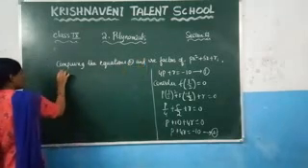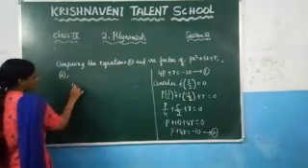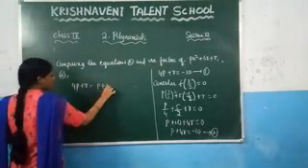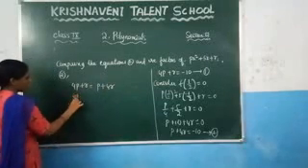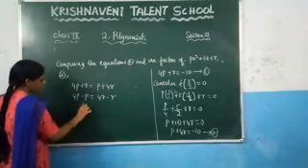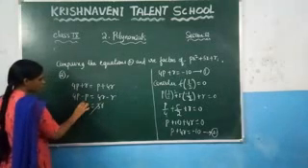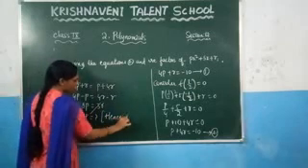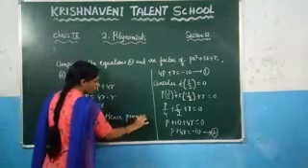We can equate the LHS part, which is 4p plus r, and the second equation, which is p plus 4r. Now take all the p values to one side and all the r values to one side. After that, 3 will get cancelled, you will get p is equal to r. This one we need to prove.